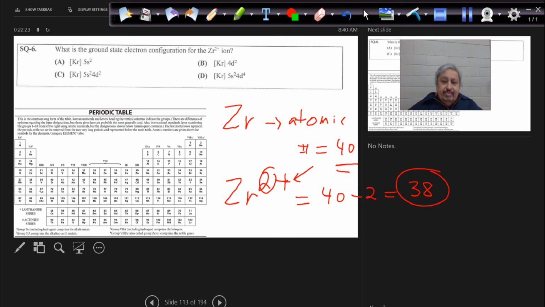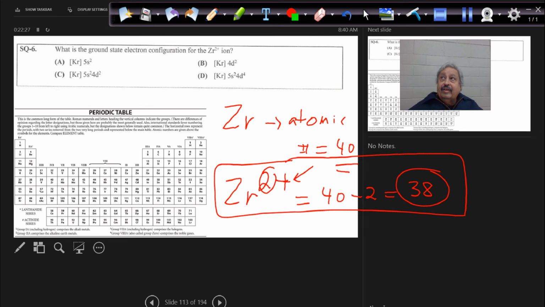So zirconium 2 plus will have 38 electrons, correct? Now, I have to account for all those here. Krypton, Kr, is 36. So 36 and 2, that's 38.